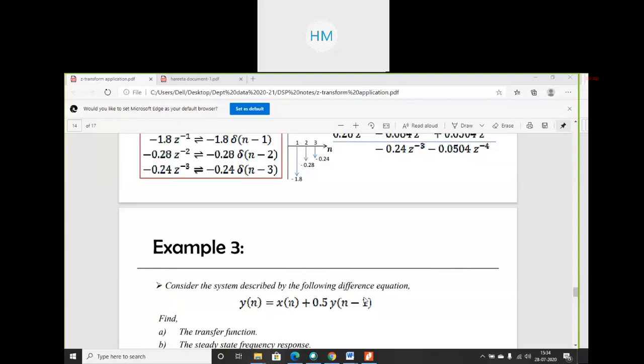It is h of z. How will we find h of z? By first finding the z transform of this equation. What is coming as the z transform? What is the answer? Please tell me the answer. Do it fast. It's very easy.